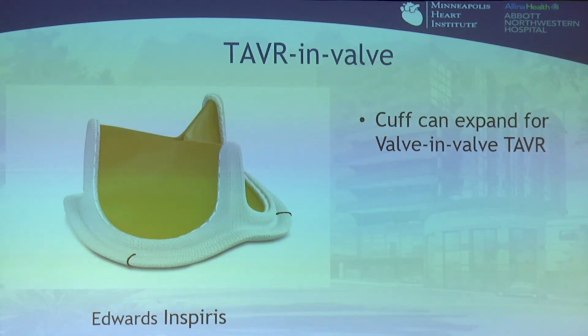So if you're 50 or 60, don't want a mechanical valve, and don't want to take Coumadin, we'll put in a valve like this. When it degenerates 10 to 20 years down the road, we can likely put a transcatheter valve inside that valve. The valve will expand, and we can get a nice big valve inside your surgical valve.